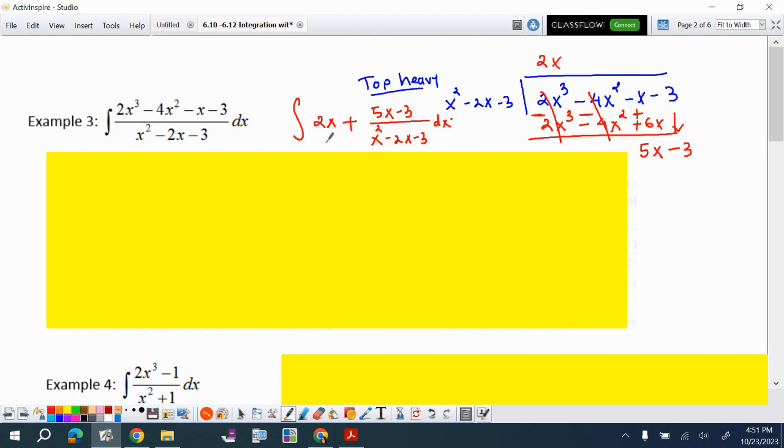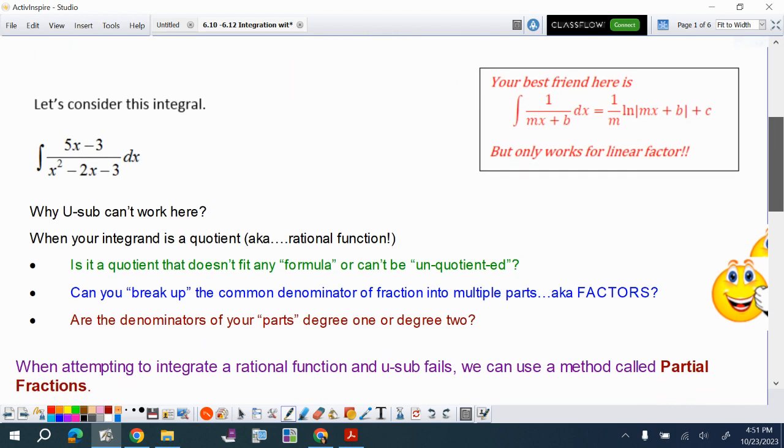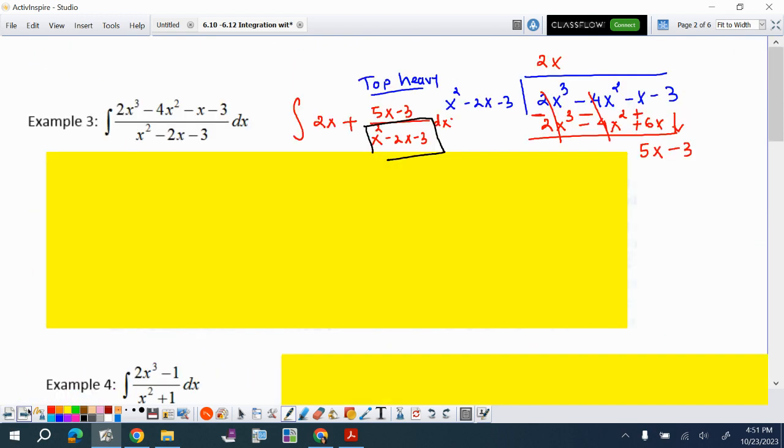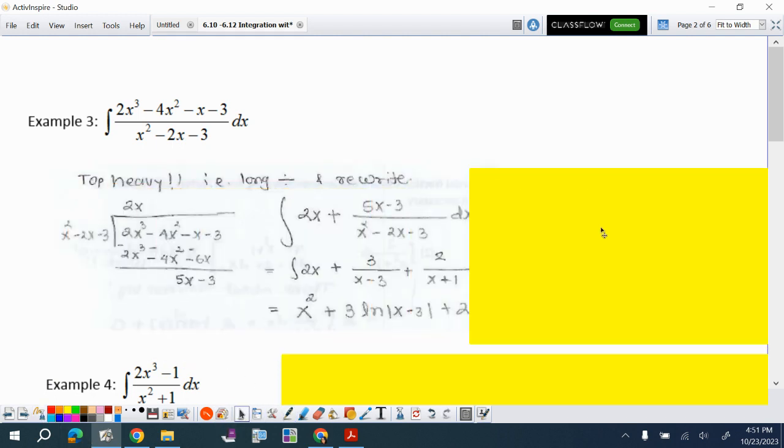Now, the antiderivative of 2x is x squared. Here is the one where we have to do partial fraction decomposition. This is the same example as we did on the other side. So I'm going to bring back the answers from the previous example.